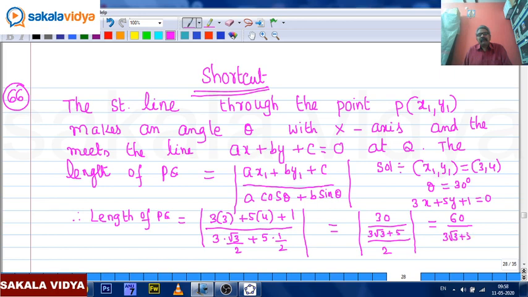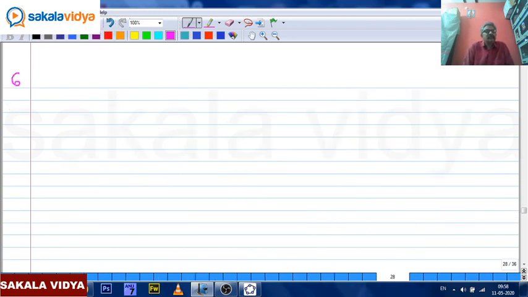You need to rationalize it. That means the fourth option will be the right option, I think so. So 60 by 3 root 3 plus 5.